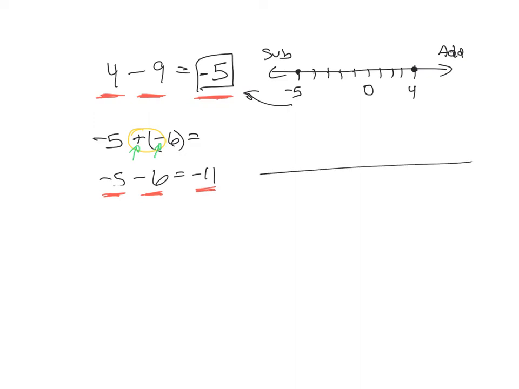Number line. If I start at -5, and it's okay to put negative, you can put the numbers wherever you want. And I'm going to go, remember, this way is subtraction, and this way is adding. So I kind of put the -5 way over there because I knew I was going to subtract. So subtract 6. 1, 2, 3, 4, 5, 6. What number is that? Well, -6, -7, -8, -9, -10, oh, -11.